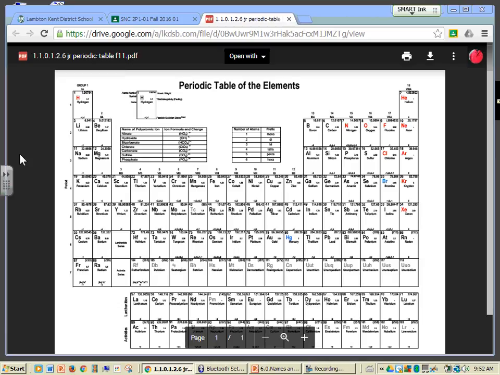Lucas, how many electrons are around a chlorine? Yeah, how many dots are around the chlorine? 7. Excellent, very good. It's in group 7, 7 dots. Perfect. 1, 2, 3, 4, 5, 6, 7.